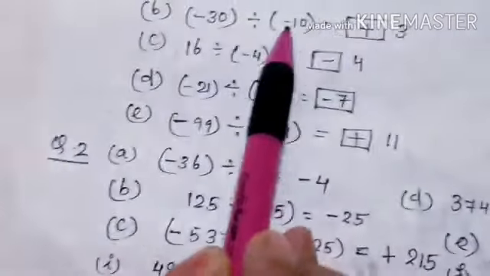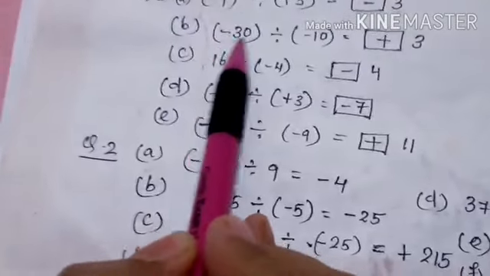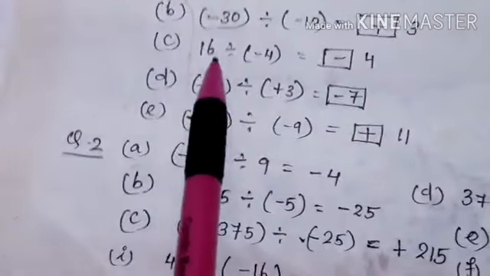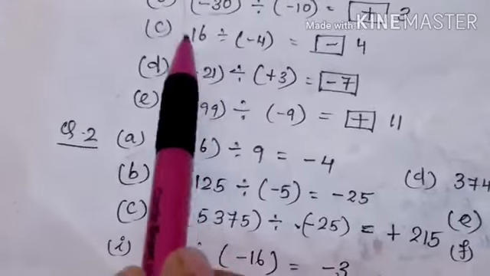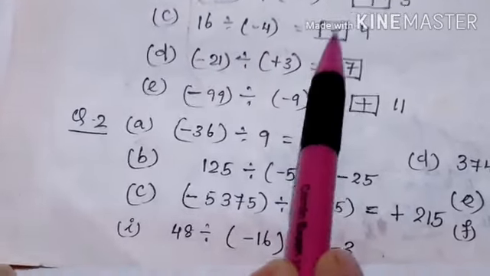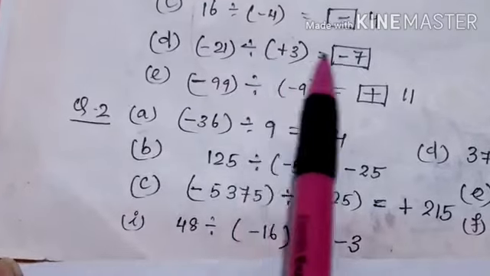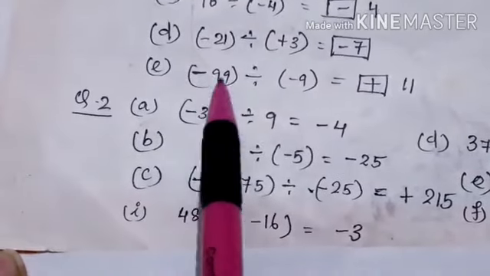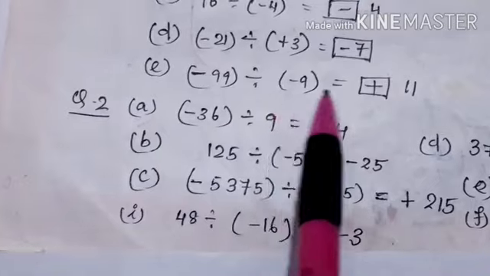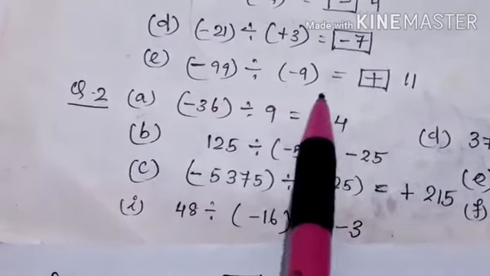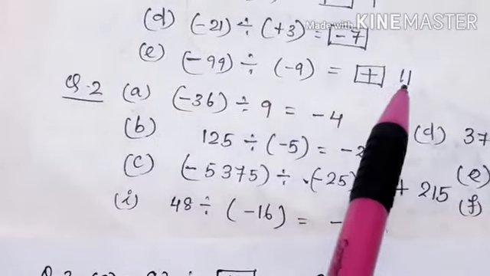Then plus 3 into minus 10, what will be the answer? Minus 30. Dividend you will get. Then 60 divided by minus 4, plus divided by minus. Minus 21 divided by plus 3, minus divided by plus is equal to minus 7. Then minus 99 divided by minus 9, minus divided by minus is equal to plus, plus 11.